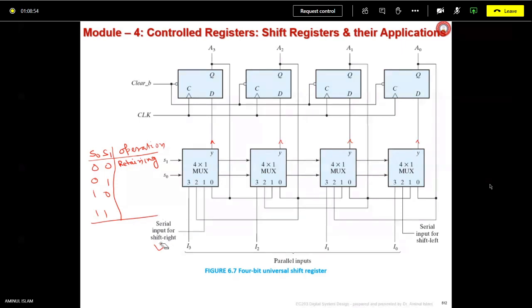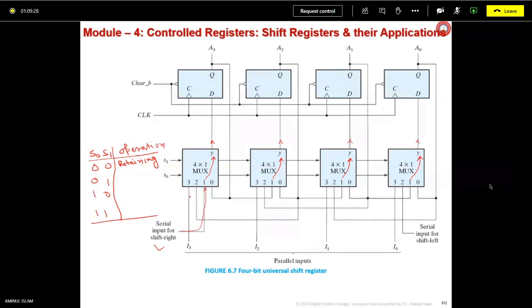Now, as can be seen, input 1 is going to get the path here, to Y. So it is very easy to understand that the serial input for shift right is coming in this way.